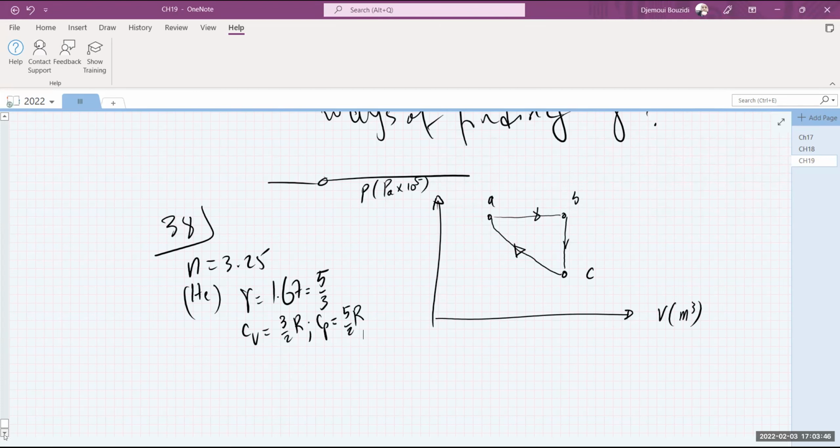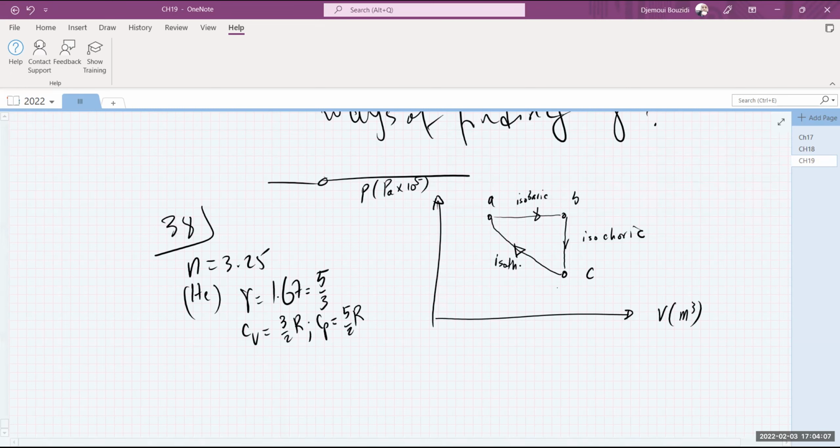Part A: this process is isothermal. So this is an isothermal. This is clearly an isobaric. And this is clearly an isochoric. So three of the four processes are already here in this problem.